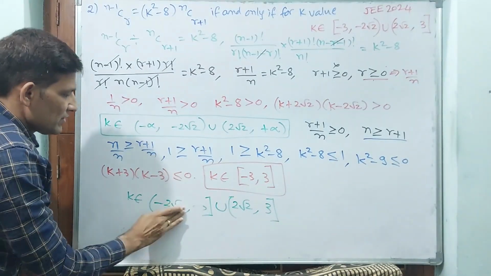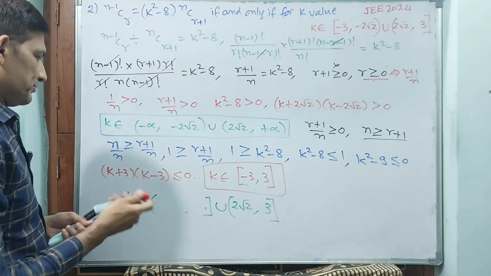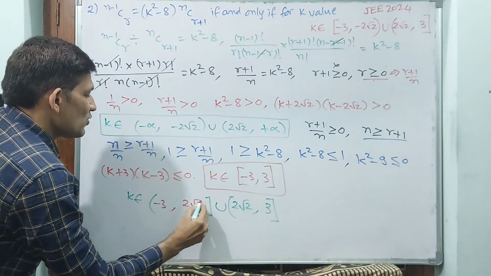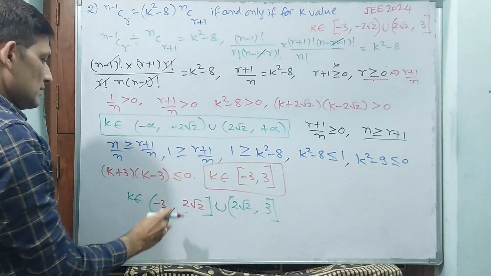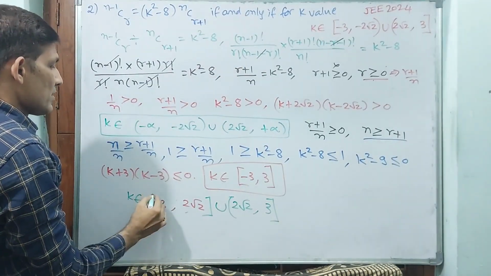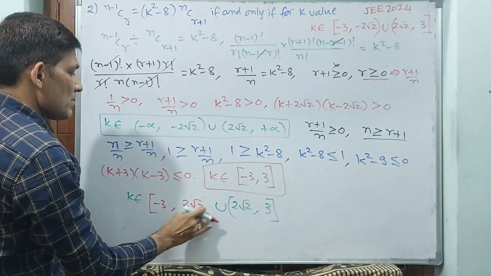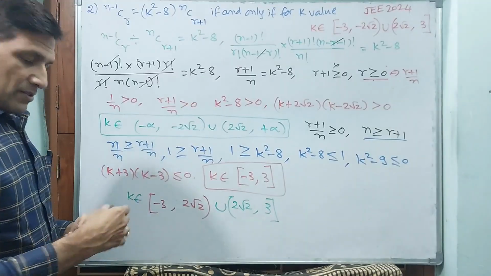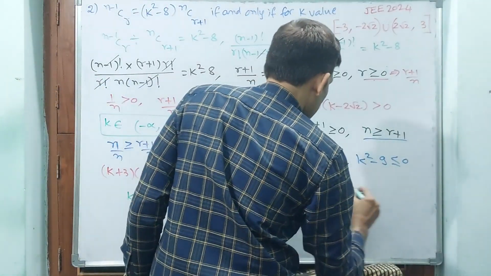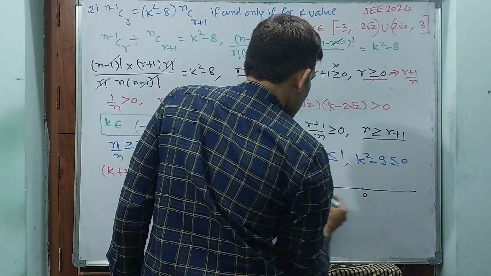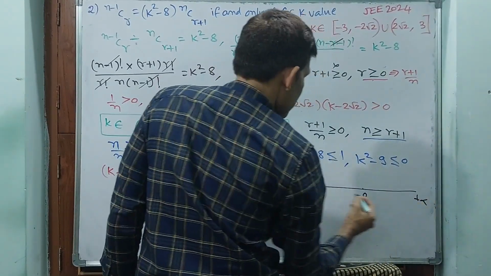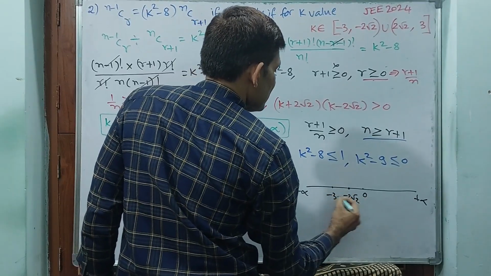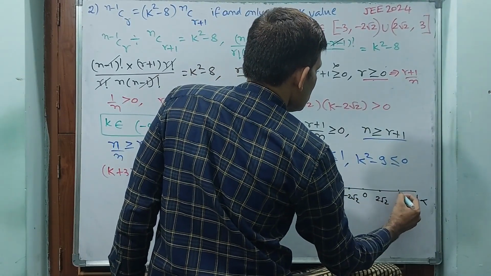Oh, minus 3, see, this is lesser. That means you have to reverse it. Is it okay? See what I want to say. First write this number line. See, this is 0, this is minus infinity, this is plus infinity. See, this is minus 2 root 2, this is minus 3, this is plus 2 root 2, this is plus 3.